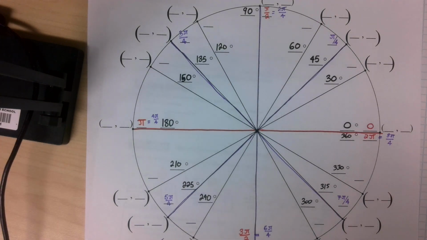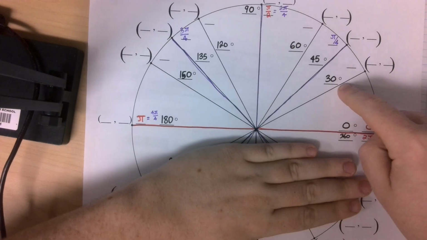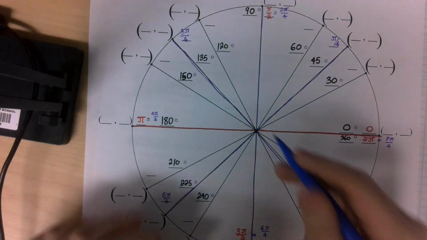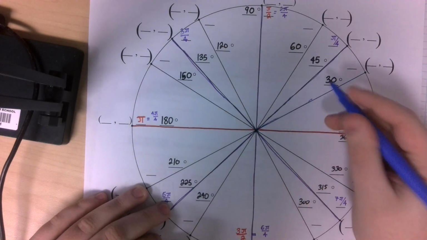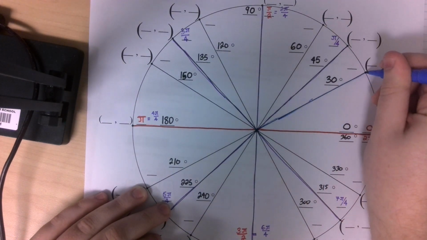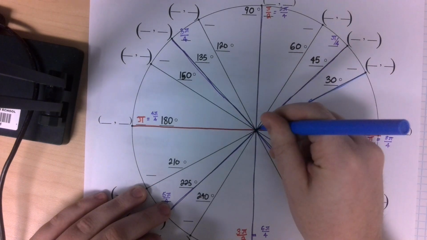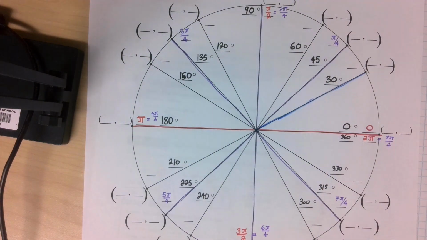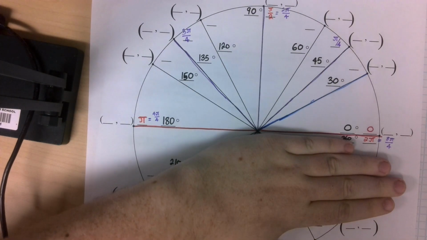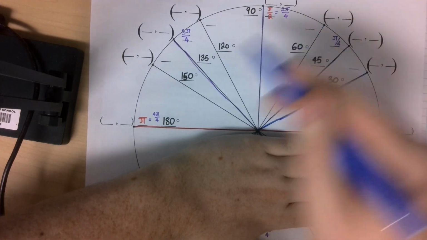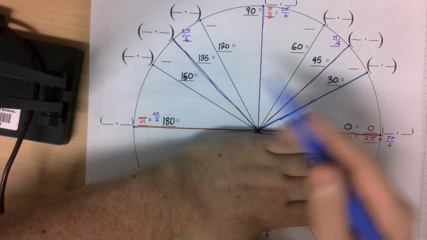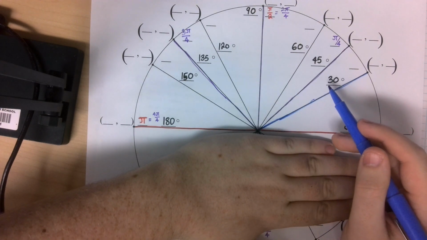So can we use that same trick to help us with the 30 degree angle, for instance? Well, with this 30 degree angle, we see that it's certainly going a little bit, but it's not going very far. It's even less than a quarter of the way around. We just have to figure out how far that is. Well, if a full semicircle is 180 degrees, how much of that semicircle is 30 degrees?